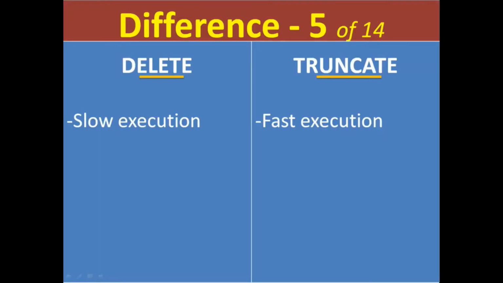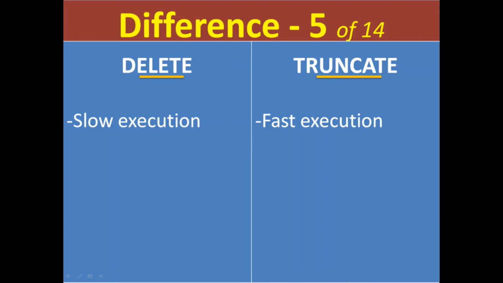The fifth difference between the delete and truncate. So delete has a slow execution. Delete table is a logged operation. So the deletion of each row gets logged in the transaction log, which makes it slow.